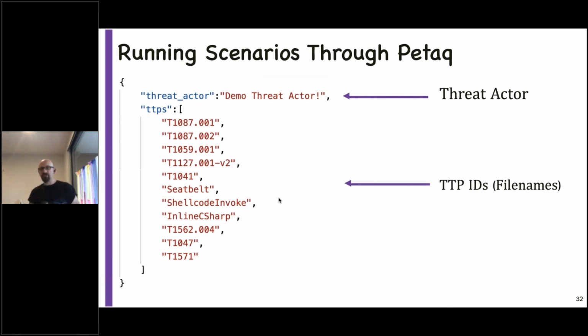I'll show you the scenario content for Petaq. This is a sample scenario, and it has only TTP IDs. They are file names, actually, saved under the Petaq TTP folder. So it will include those files and construct a scenario, and we'll send this to the implant. And the implant will run this and generate a report for it.